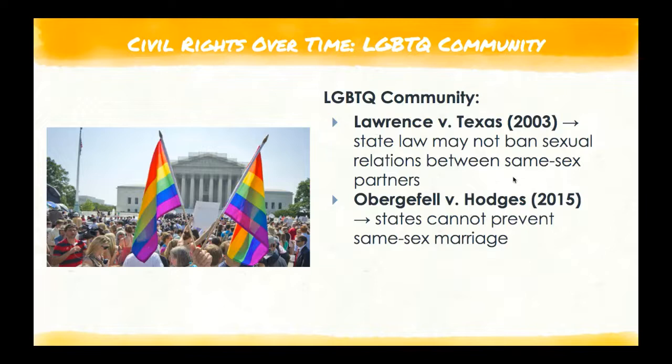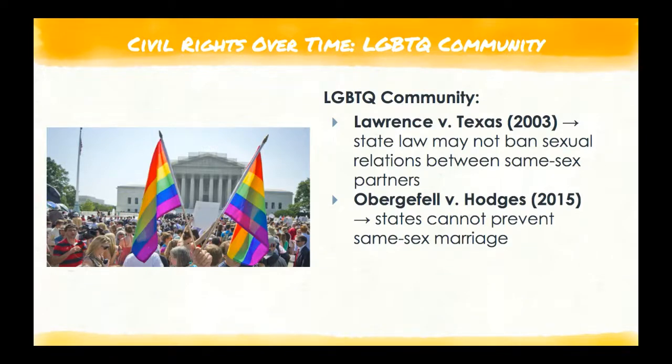And this was very significant because it says that states cannot prevent same-sex marriage. And since they have to legally recognize it, they have to provide, or the federal government has to provide, financial and federal benefits that come with marriage as well. So those Social Security benefits, the income tax filing benefits, the employee benefits that were denied under the Defense of Marriage Act are now incorporated into same-sex couples.